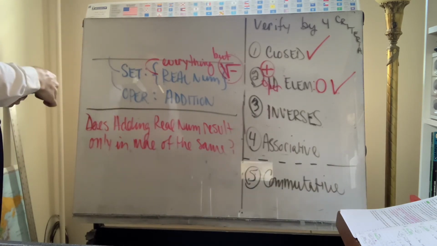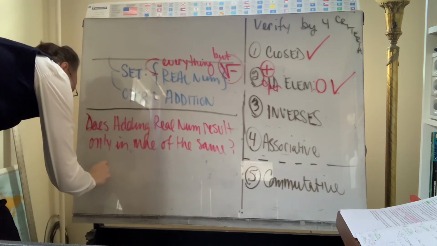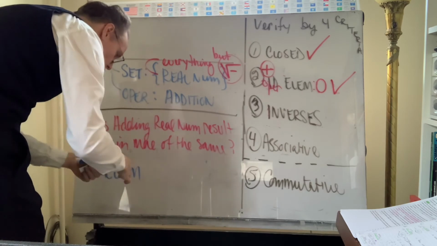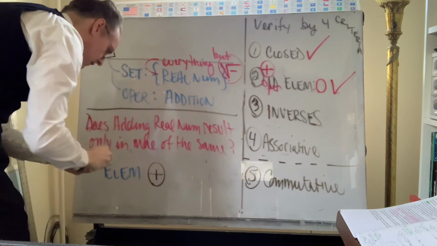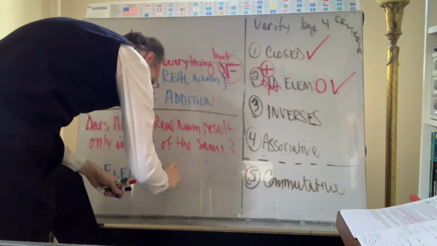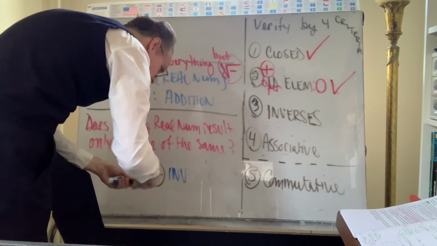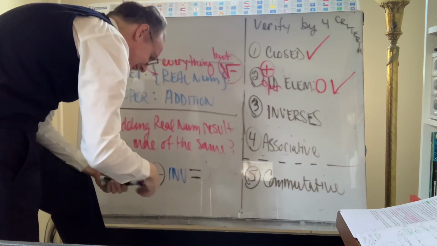Remember this formula again. An element, in this case we're talking about addition, plus its inverse should result in the appropriate identity element.